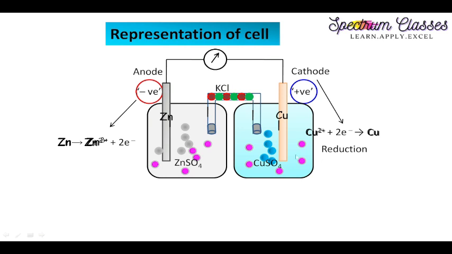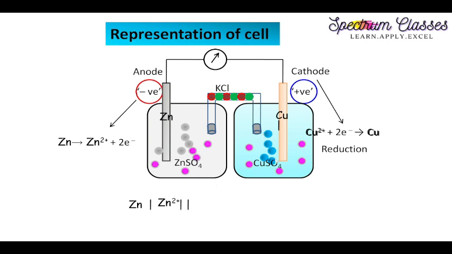While solving the reactions, how do we represent this cell? Here we have the zinc rod, which represents the electrode, and this electrode is in contact with its zinc sulfate solution, so the zinc 2 plus ion solution. Now coming to the salt bridge: it is represented by two parallel lines.